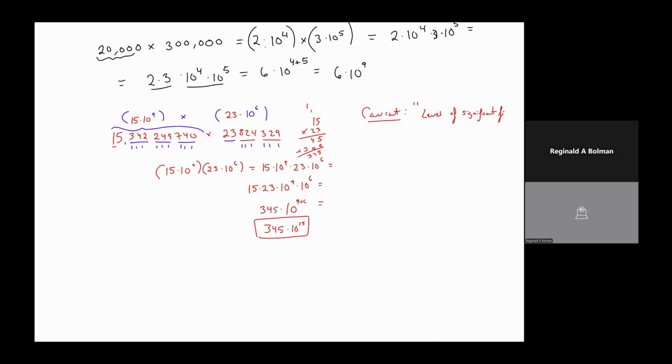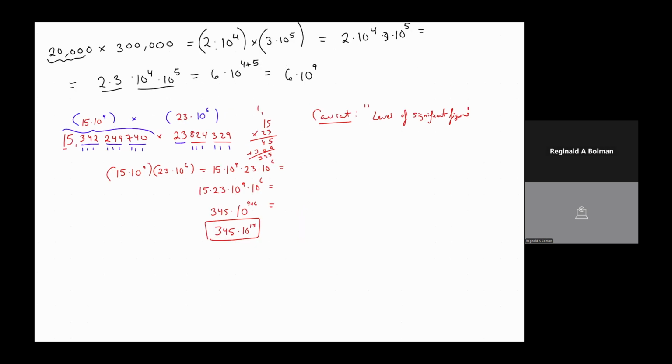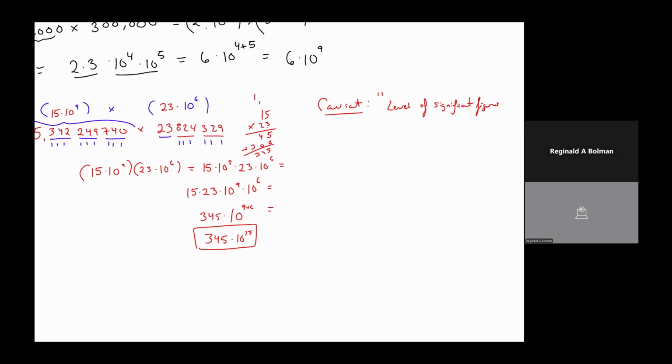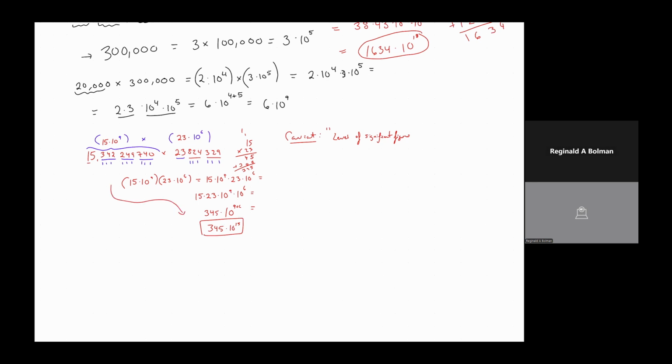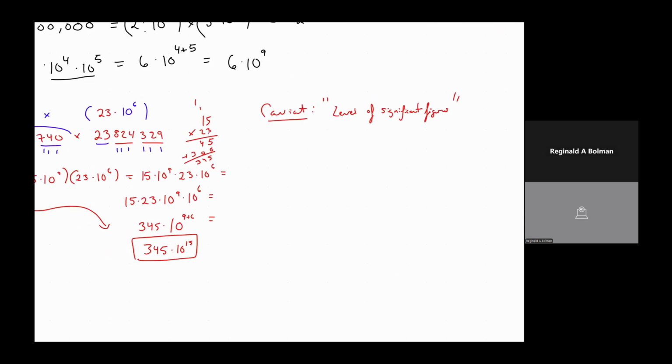So while I said, yes, it's nice for me to make this calculation of 15 times 10 to the ninth times 23 times 10 to the sixth, and you can actually do this calculation, usually we're going to determine not what is necessarily the most convenient for us, but rather the level of significant figures, the level of the degree of accuracy, said another way, of whatever measuring tool we have available to us in that moment in time.